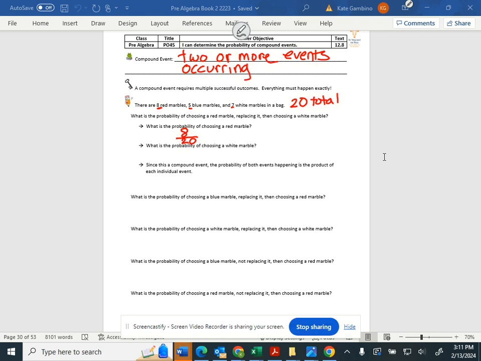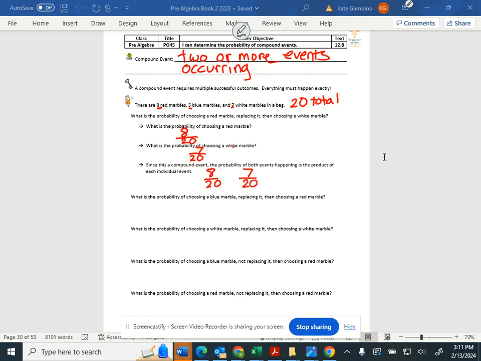Well, we replace the red marble, we put it back in the bag, so we still have 20 marbles in the bag. And now I need to look at how many are white. There are 7 white marbles. So it's 8 over 20 for the red, 7 over 20 for the white. So our first event is 8 over 20. Our second event is 7 over 20.